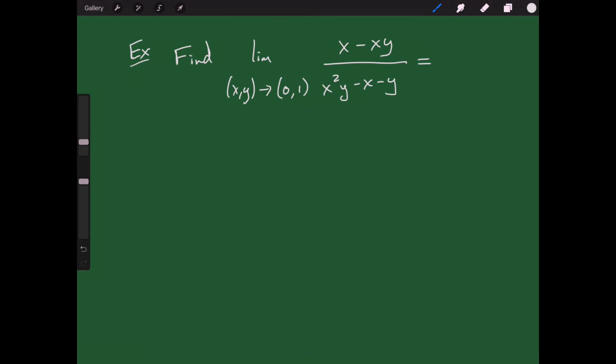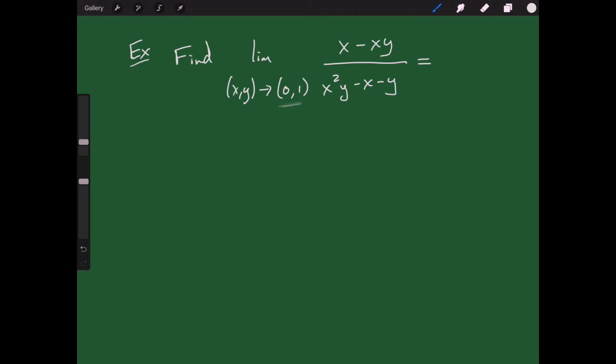We've got to go back to the basics and remember, when we took limits to begin with, what was the very first thing we would always try? Well, can I just plug in the point? If I can plug in (0, 1) and I don't get any division by 0, then we're done. We get our limit value. And so we should try that.